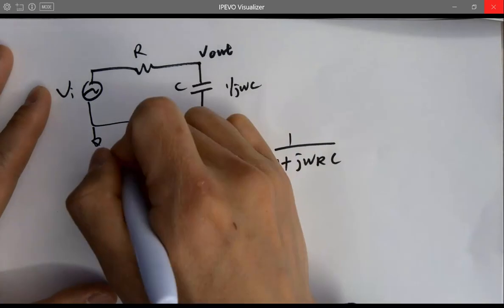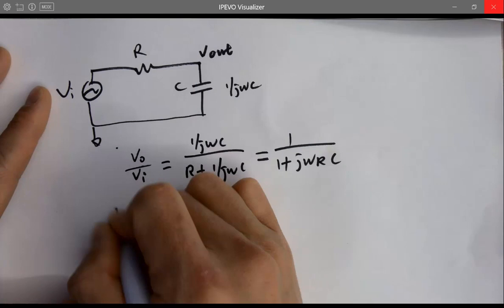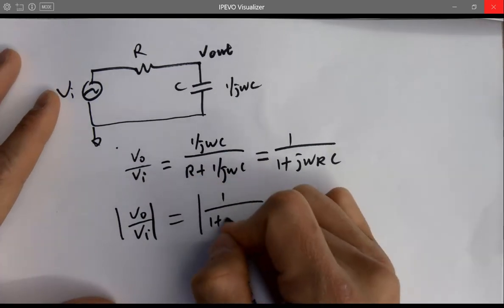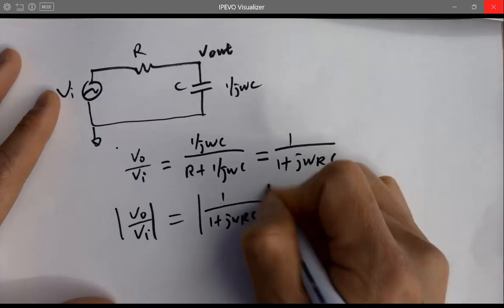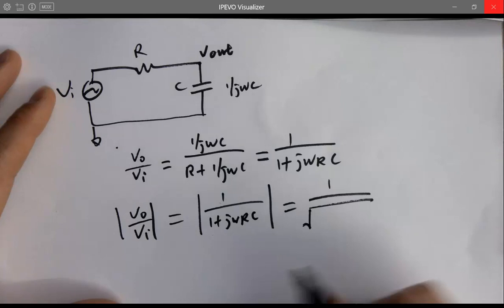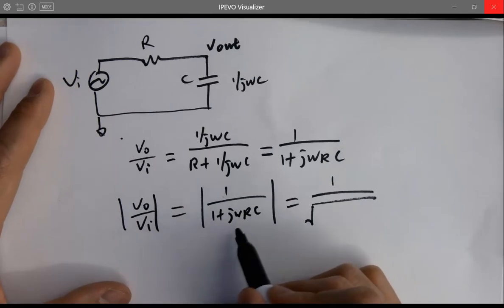And then find the absolute value of this, VO over VI. This is 1 over 1 plus j omega RC, which is 1 over. Did you learn how to get the absolute value from an imaginary number? Have you learned it?